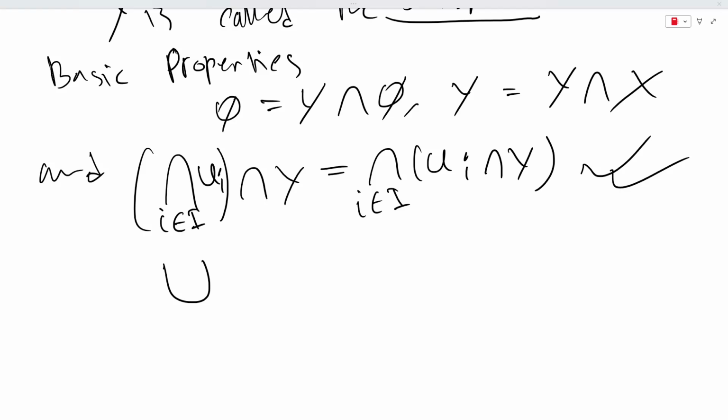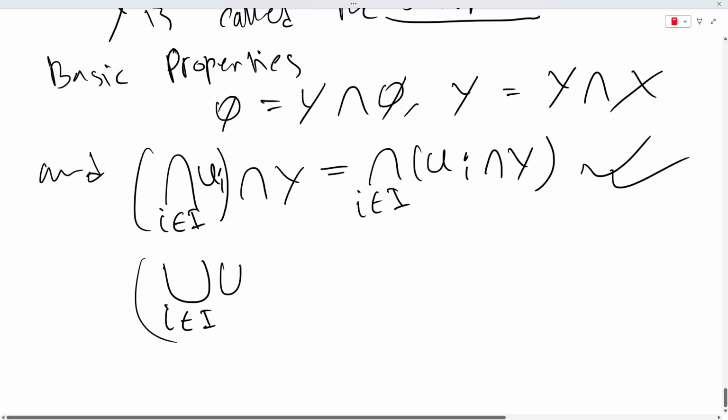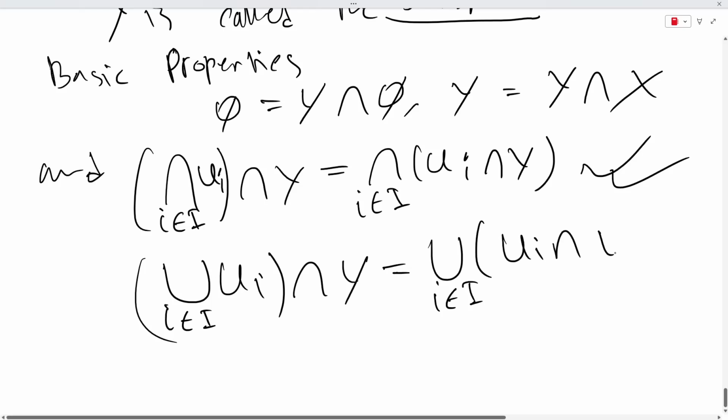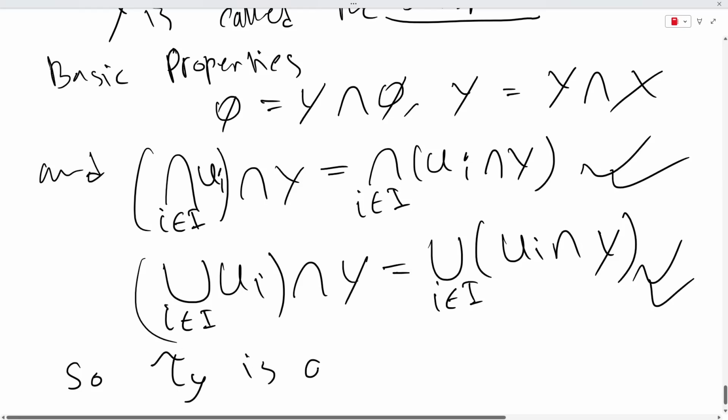And for arbitrary unions, we can distribute the union over the intersection, so it satisfies closure under unions and intersections. So tau_Y is a topology.